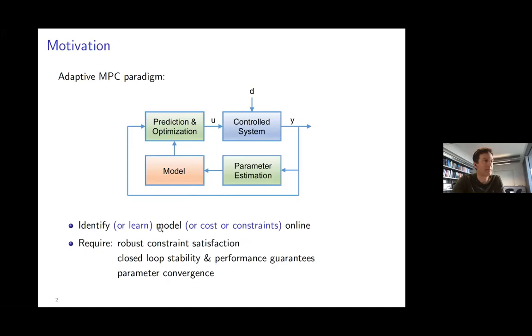So the idea is that we want to design a predictive controller that will enable us to identify the model or possibly the costs and constraints to perform a particular task online. And we want to do this while satisfying constraints robustly and while ensuring closed-loop stability and performance guarantees. And finally, we also want to ensure that the parameters that we estimate converge in some sense to the true values.